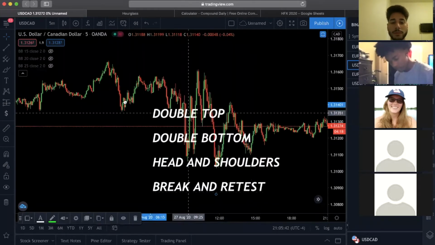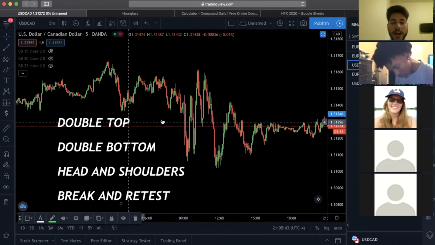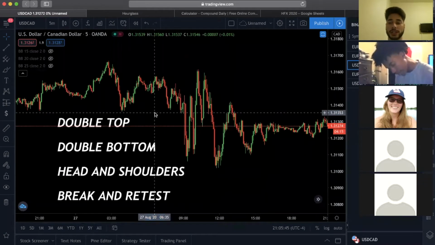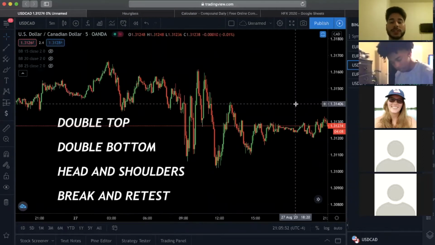A double top, a double bottom, a head and shoulders, and a break and retest. These are going to be your four pillars of success. You can write these down. If you guys don't know what these patterns are, which you should already, you can just search them up on Google, but all this stuff's in the academy, guys. This is simple Forex stuff. These four things are going to be your best friend.